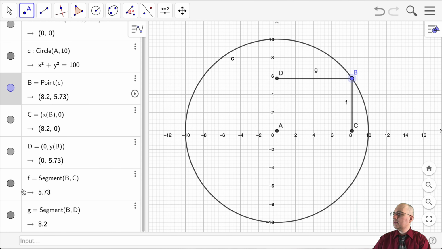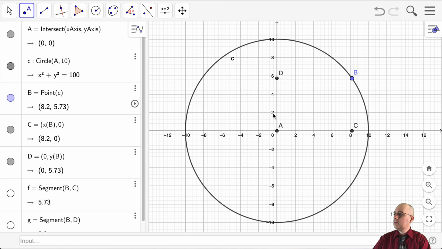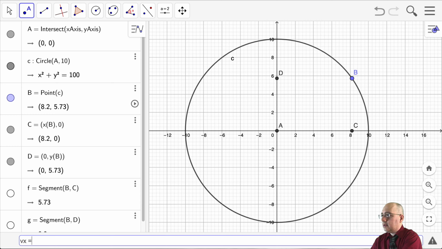I'm going to get rid of these segments now. There we go. Now, given Vx, I'm just going to call this Vx equals, so what was Vx?